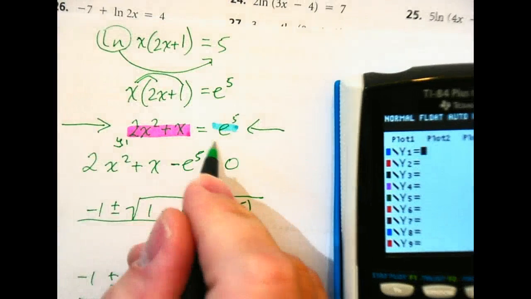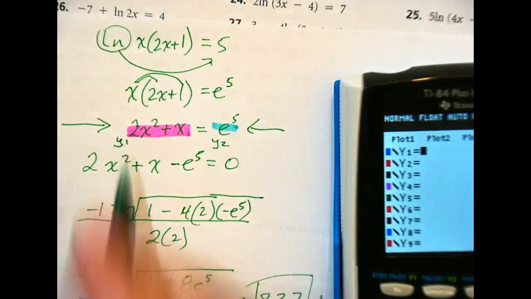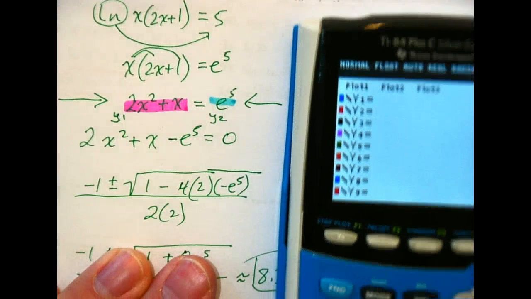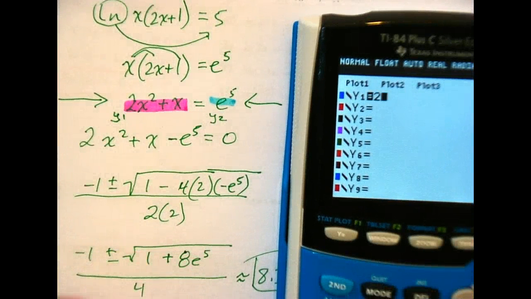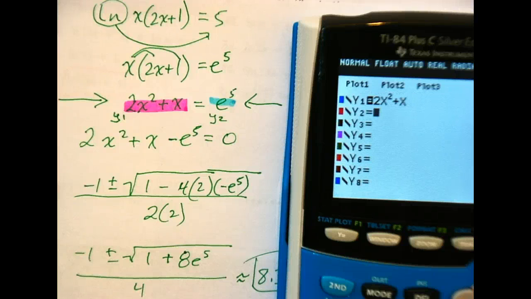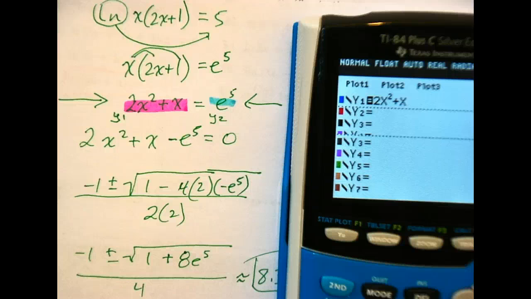All right, so we have y sub 2 is e to the 5th, y sub 1 is 2x squared plus x. So you have two equations. And really what you're doing is you're seeing where those two things will equal each other. So y sub 1, y sub 2, we've got e to the 5th.